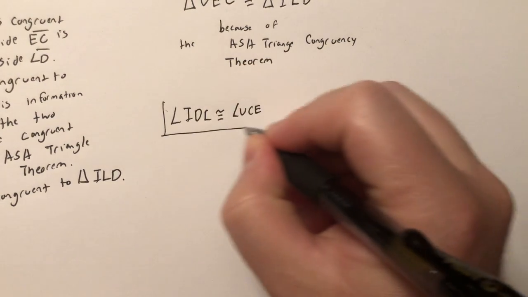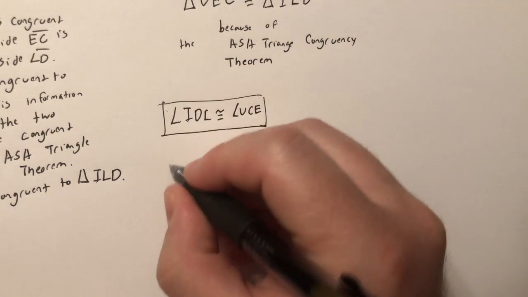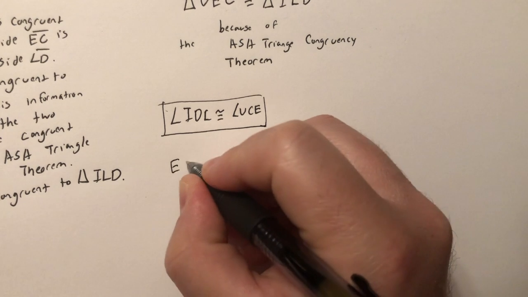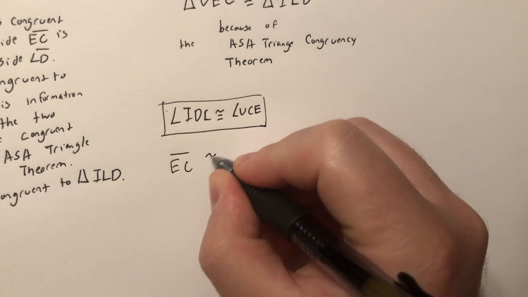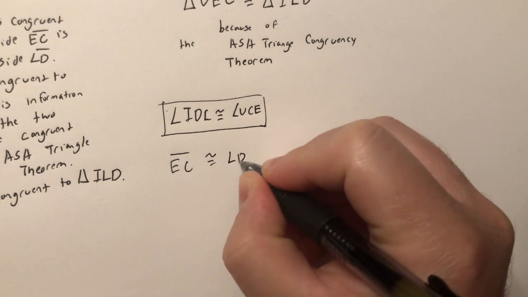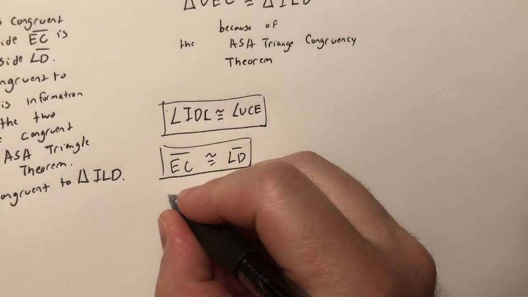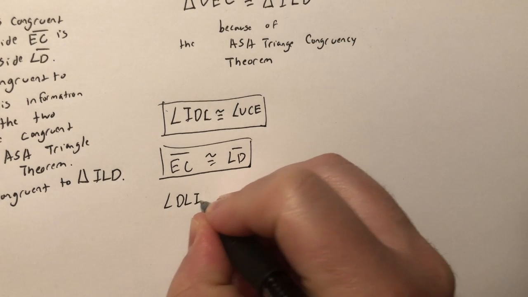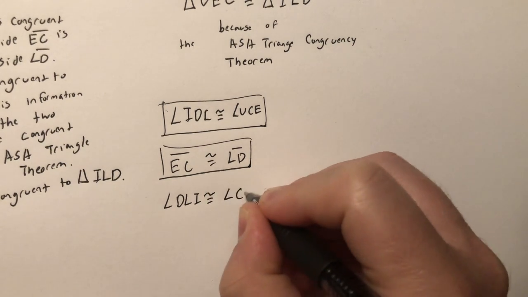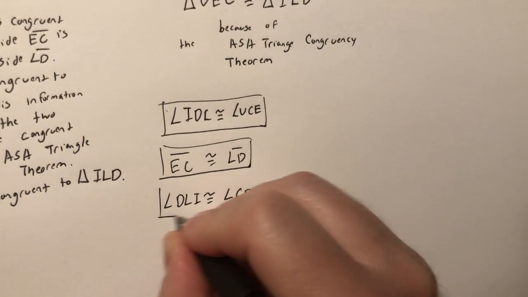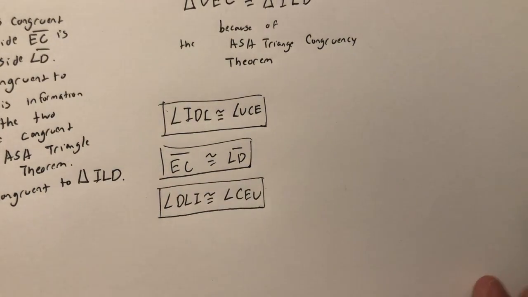And we also had EC is congruent to LD. And then angle DLI is congruent to angle CEU.